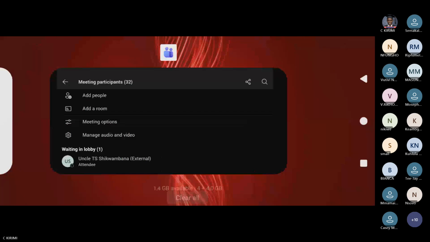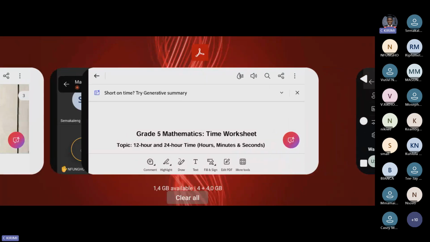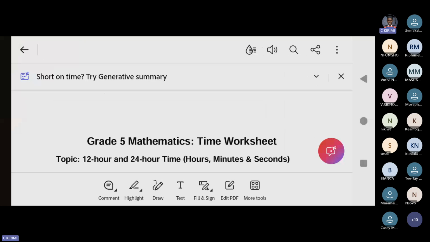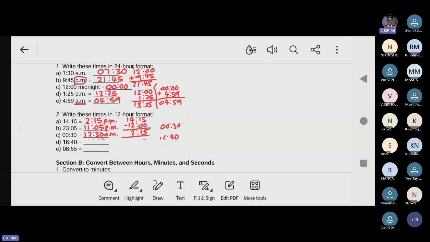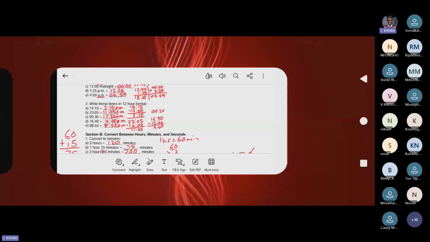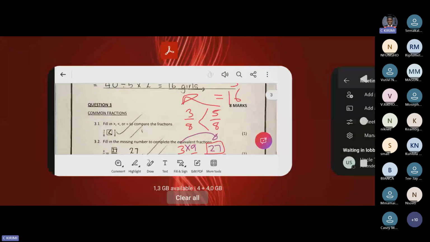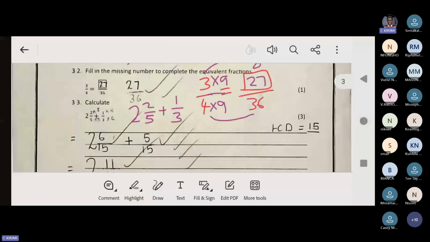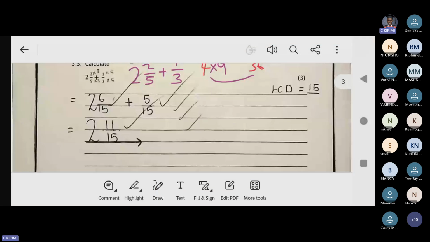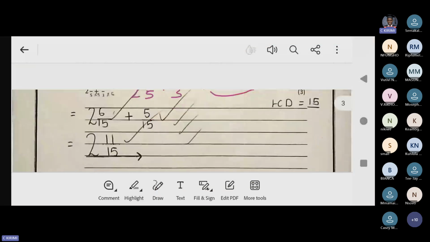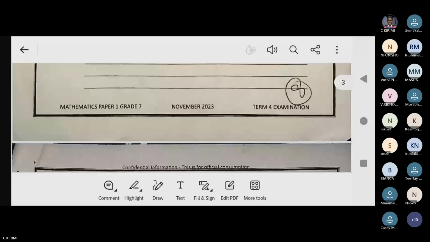Okay, let's start. So start with grade 5 and grade 6 content. And then thereafter, we move on to the grade 7 content. So the grade 7s who are there, you are also going to learn something. Then thereafter, we continue with the question paper. This applies to all the grades, grade 5, grade 6, grade 7.